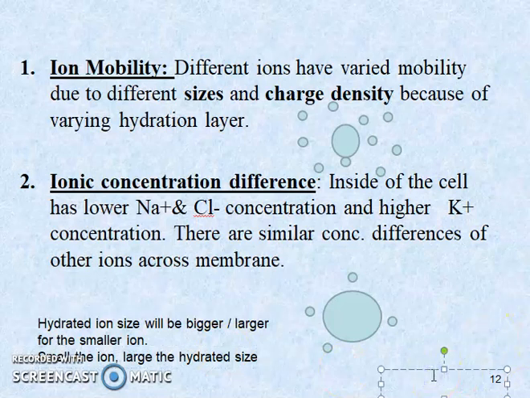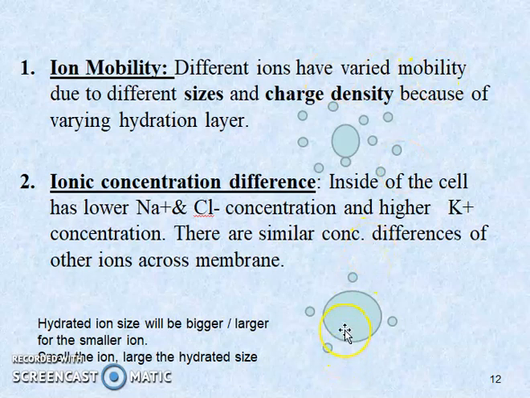Now it affects a lot. For example, if there are some ions inside, and when they come inside they are hydrated. This one is hydrated, this one is hydrated. Now its size is smaller, its size is larger. This can go out, this cannot go out. So the semi-permeability of the membrane works in this way, that the different ions have varied mobility.